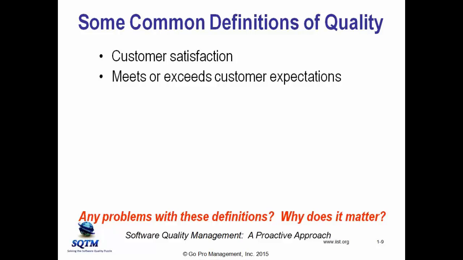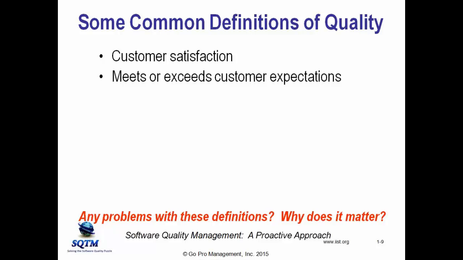A lot of us use the definition of meets or exceeds customer expectations. Now, this is certainly somehow related to quality, but once again, what's the issue? What are those customer expectations? Does the customer expect something that's reasonable? If a customer expects something to be lousy, their expectations can be satisfied to an extreme, but that's still not high quality.